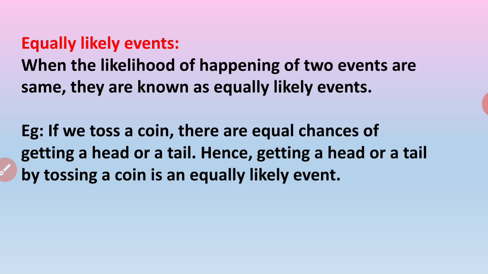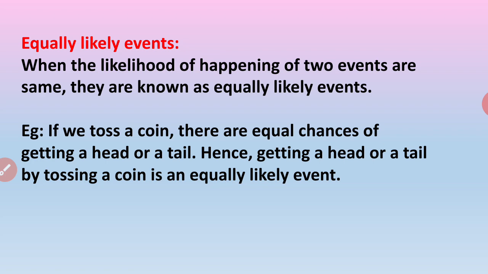Next, we come to a topic that is equally likely events. Now, if two events are there and the chance of both of them happening is equal, then it is an equally likely event. So the definition is, when the likelihood of happening of two events is the same, they are known as equally likely events. So let us see an example.